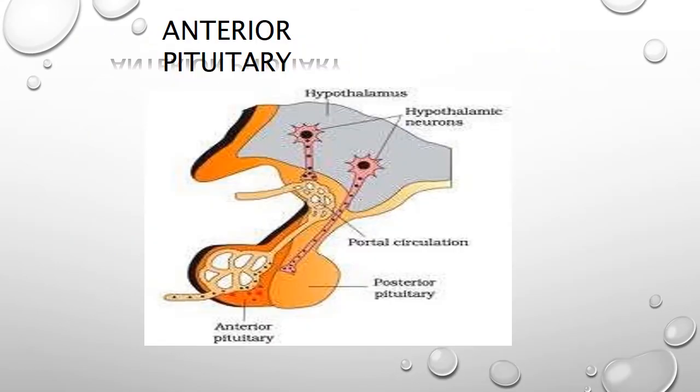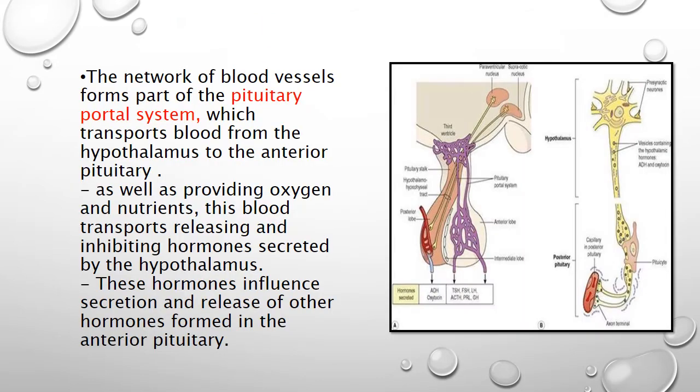Now this is the anterior pituitary gland, or anterior pituitary lobe. You can see in the figure, on the anterior side, the lobe of the pituitary gland, that is the anterior pituitary lobe. A network of blood vessels forms part of the pituitary portal system, which transports blood from the hypothalamus to the anterior pituitary. You can see in the figure that this is a portal system.